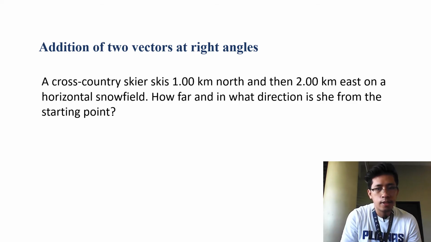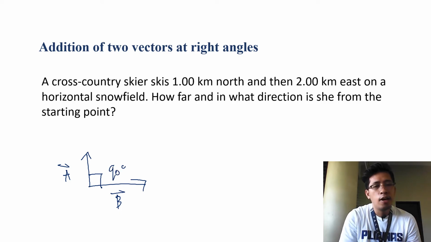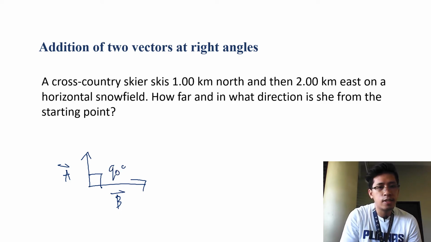consider this one here. This is your vector A. And then we have another vector, vector B. Sorry, let me draw it again. And then I have vector B. Assuming that this is at a perfect right angle, meaning at 90 degrees, we can find the resultant of the sum of these two vectors, which is just this one here, right?